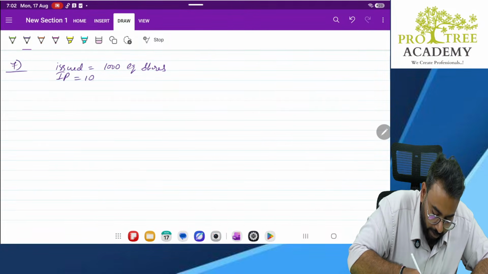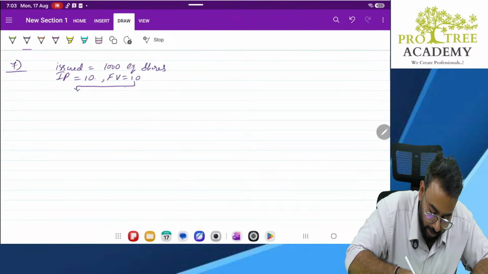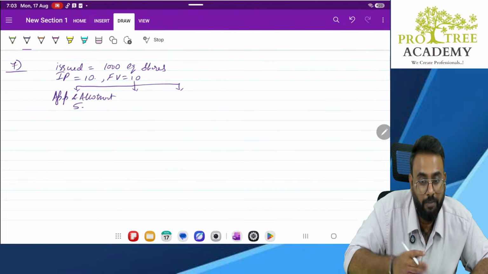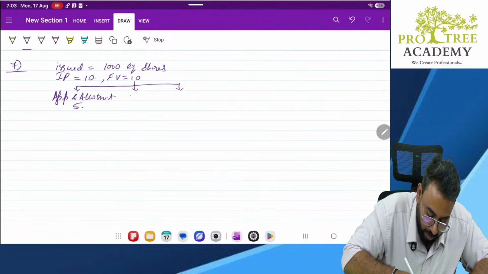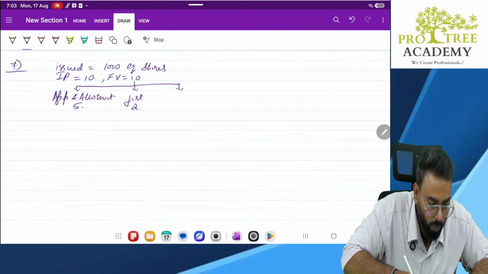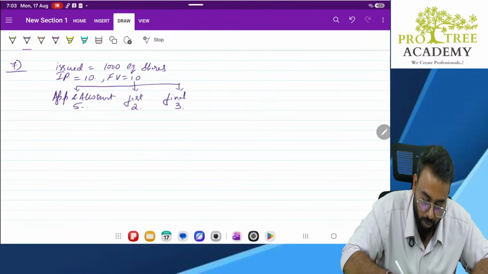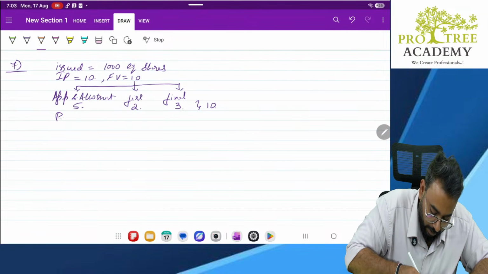Issue price 10, face value also 10. So no premium. So this was split like this. Application and allotment 5. We don't know, they have not given the split, so we'll take it as application and allotment 5. First call 2. Final call 3. Total 10.